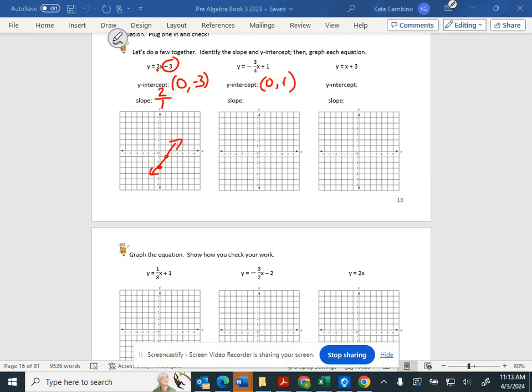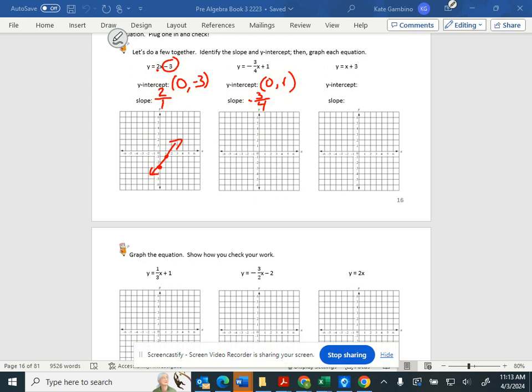So that's our 1 for the y, 0 for the x. What is our slope? Maddie. 3/4. -3/4. Oh, that's going to be very important when we do our graphing. Do not forget if there's a negative sign, it's a negative slope.